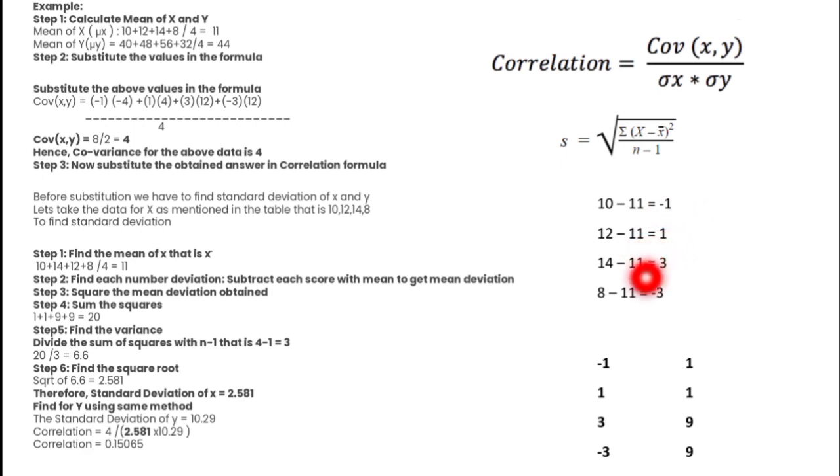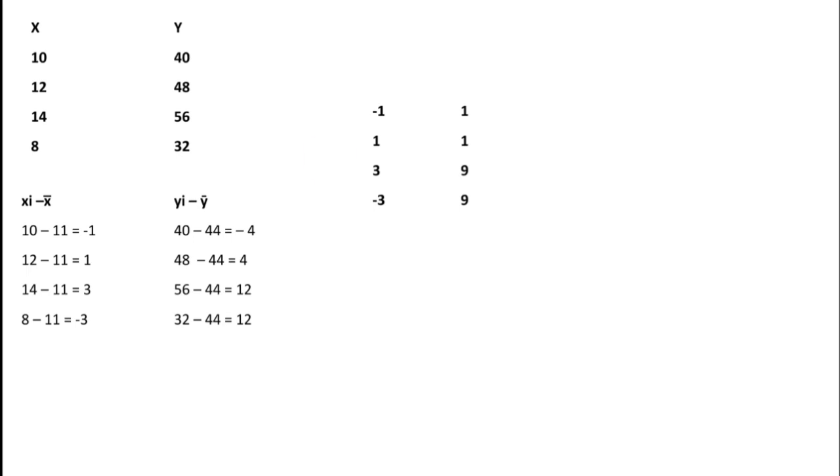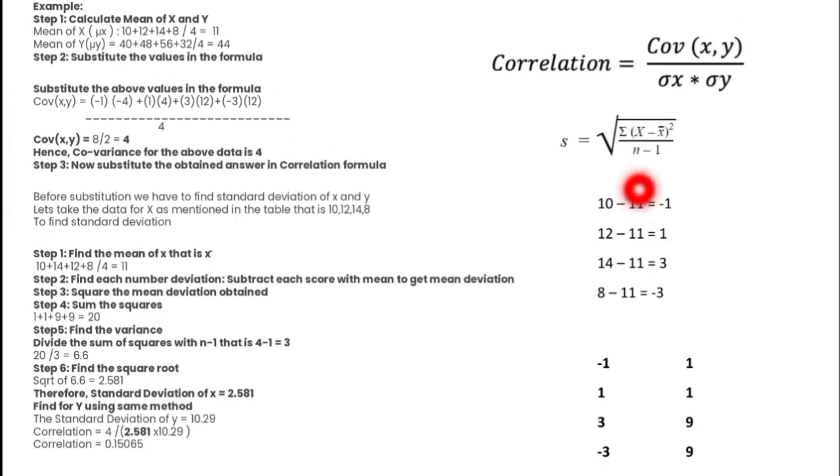Okay, so I'm calculating the standard deviation. To calculate it, I'm considering the values of x. I'm subtracting the mean value, which is 11, from each: 10 minus 11, 12 minus 11, 14 minus 11, 8 minus 11.